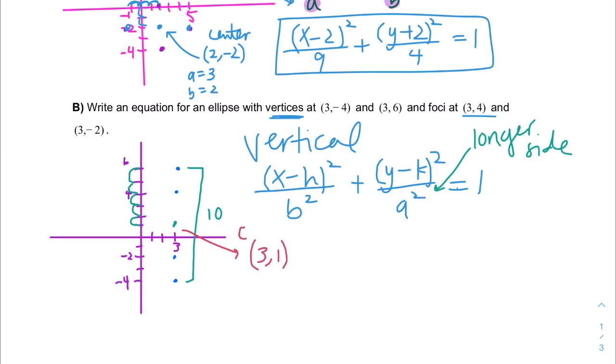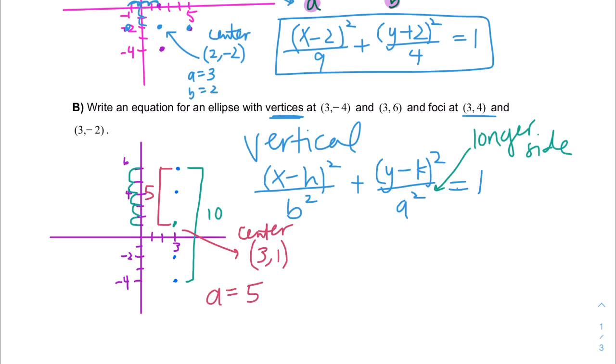That is my center. And I need to figure out my a. So a comes directly from the distance from the vertex to the center. So I know that distance is 5, right? If the whole major axis is 10, then I know that my a is going to equal half of that, is going to equal 5.